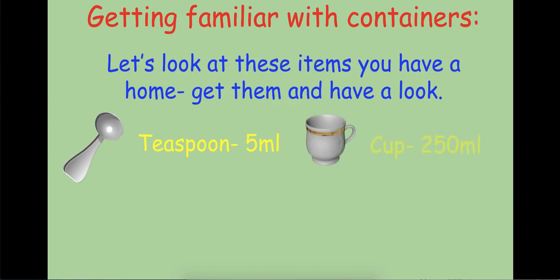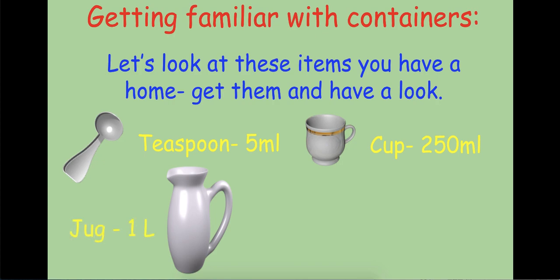A cup. A cup holds 250 milliliters of liquid. A jug. A jug can hold 1 liter of liquid. Sometimes we do get bigger jugs and smaller jugs, but a drinking jug generally will have 1 liter of liquid.